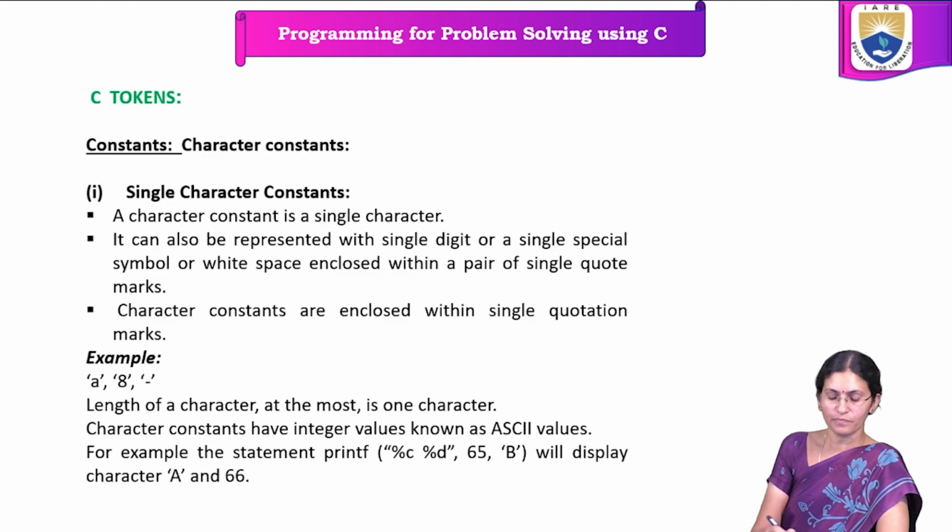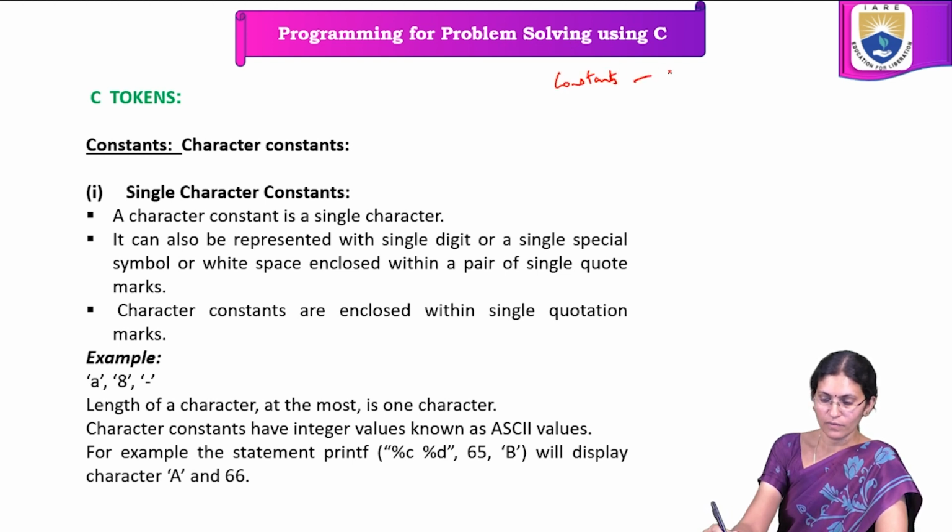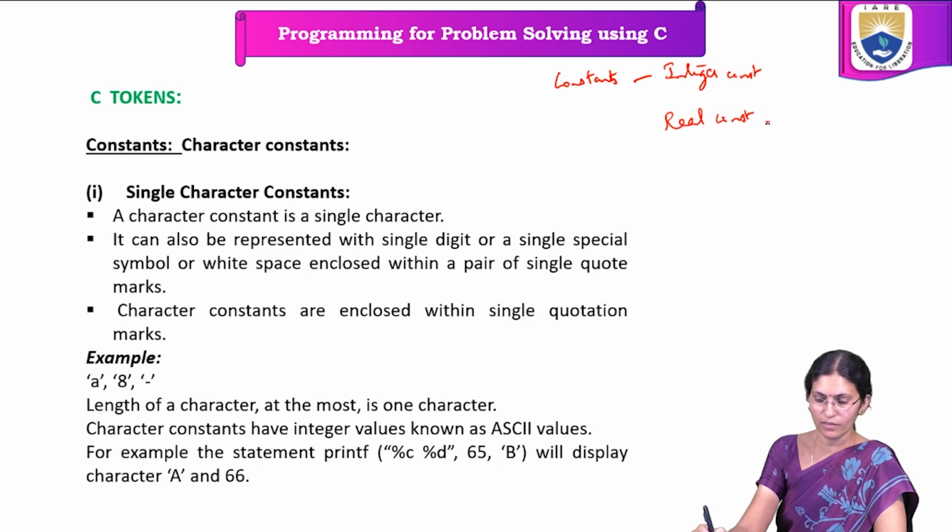Next type of constant is the character constant. In constants we have seen that there are two types. The first one is the integer constant. The next one is the real constant, also called the floating point constant.